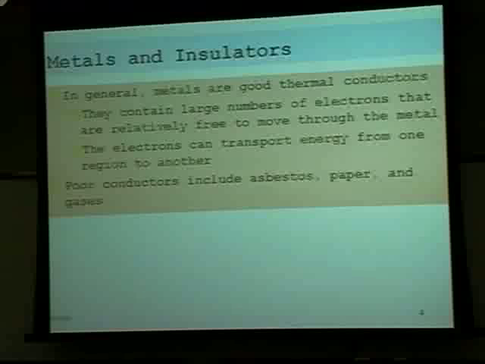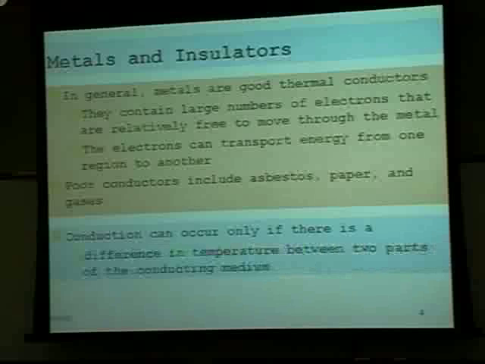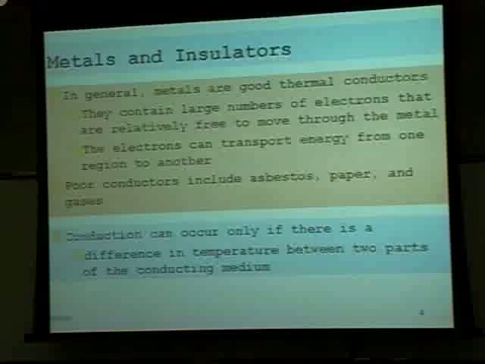That would include asbestos, paper, and gases. Poor thermal conductors. Conduction can only occur if there's a temperature difference between 2 parts of the conducting medium. If both are oscillating at the same temperature, at the same energy, then there's no reason for thermal conduction to take place.